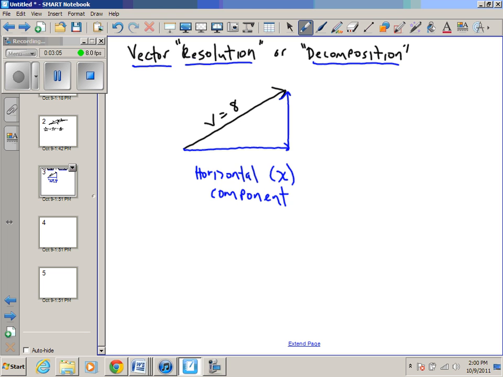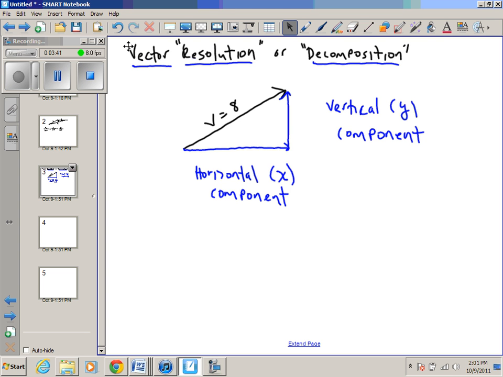And then the up and down component, the component of this vector v that's going up, is called the vertical or y component.